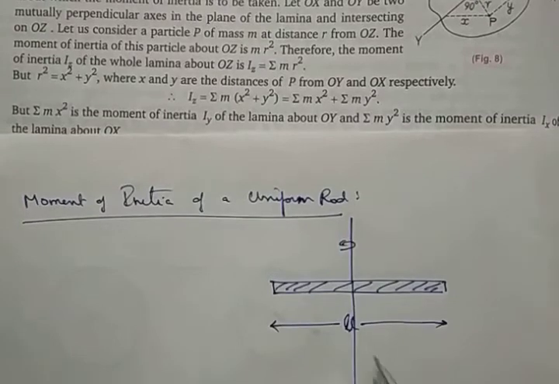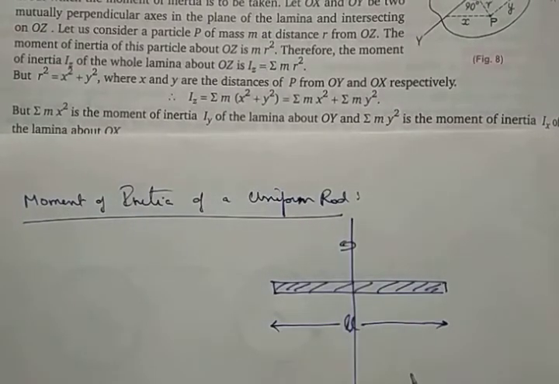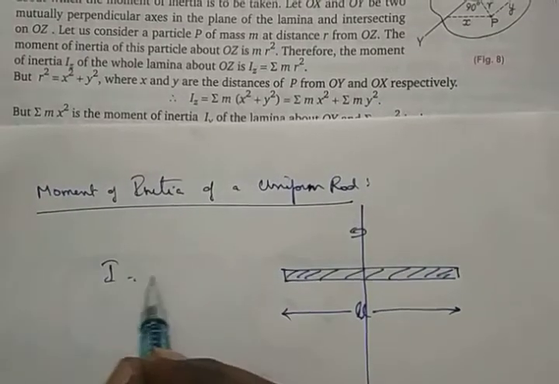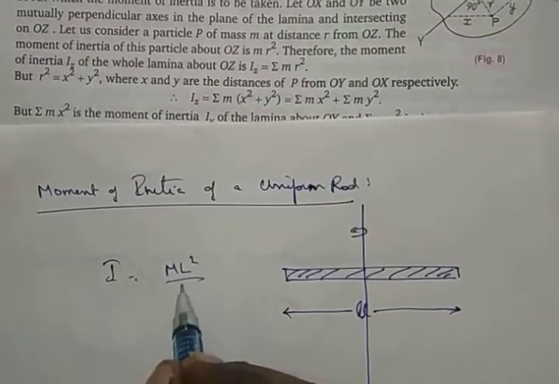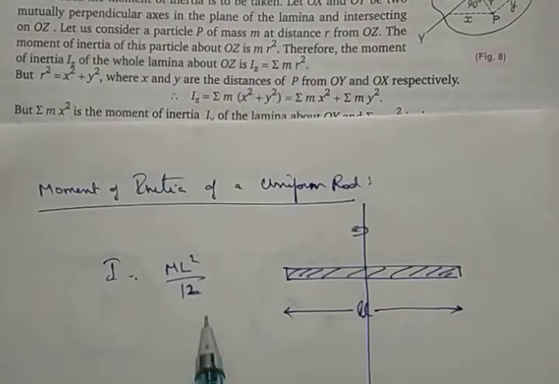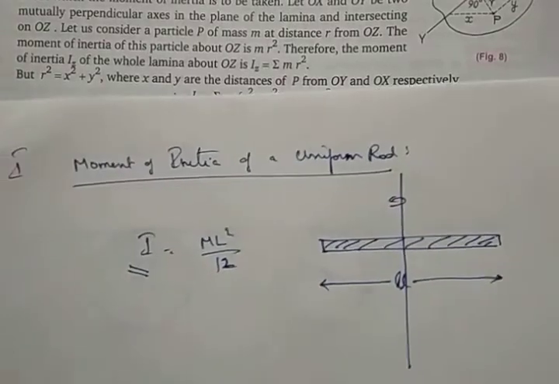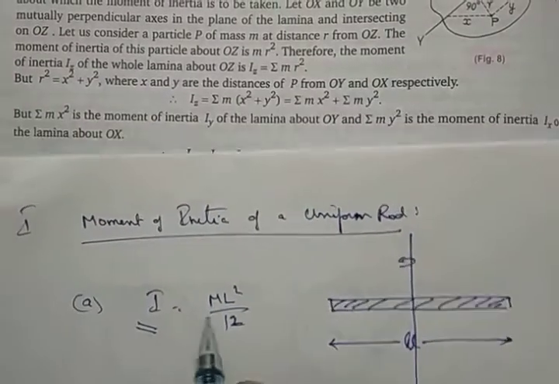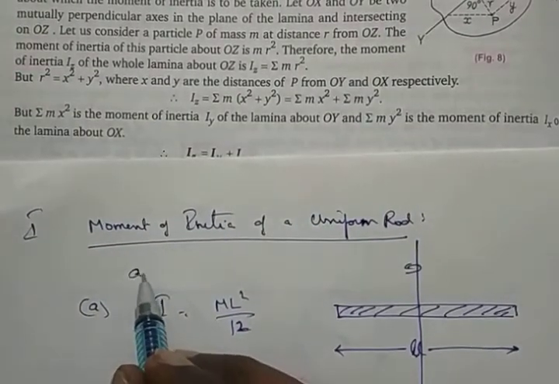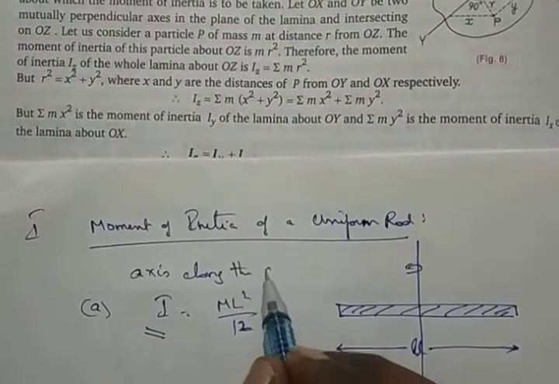Right? So if this is the axis and the rod is going to rotate like this, the moment of inertia is already given here as ML square upon 12. This is the standard one. It has already been derived and given. Please memorize this one. This is part A, axis along the center.